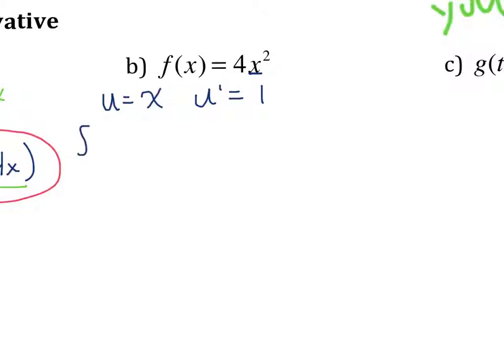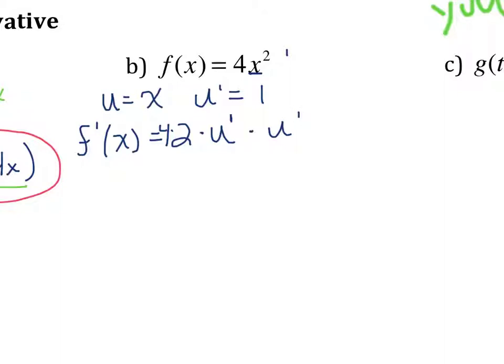And then we're going to use our general power rule. F prime of x is equal to 4 times 2 times u raised to the 2 minus 1, which is 1, times u prime.